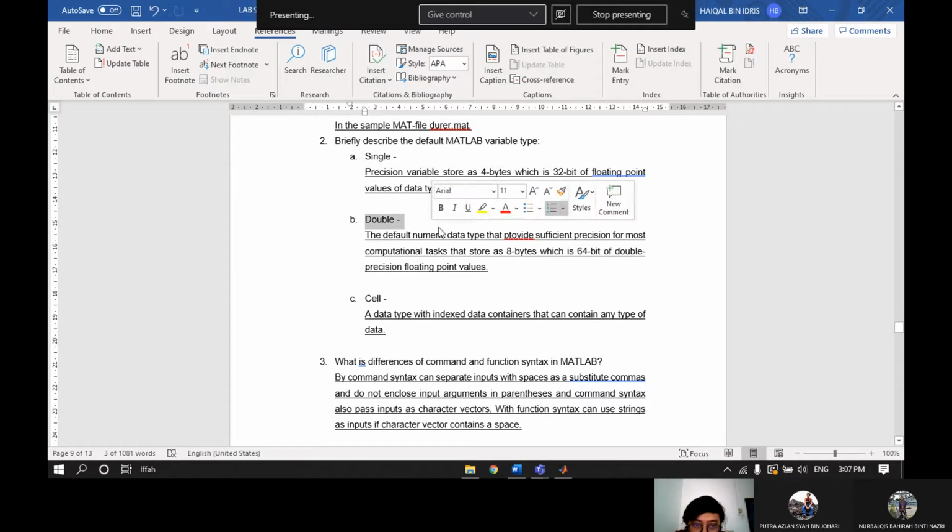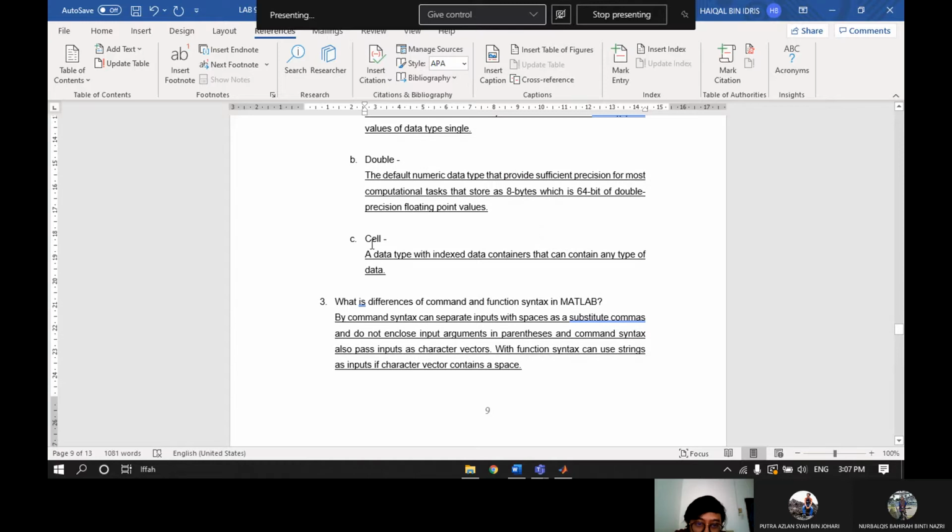Double is the default numeric data type that provides sufficient precision for most computational tasks, stored as 8 bytes, which is 64-bit double precision floating point values. So the difference is that single stores 4 bytes, which is 32-bit, and double stores 8 bytes, which is 64-bit.